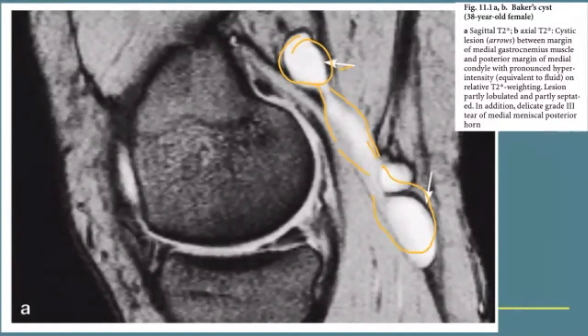The lesion is partly lobulated and partly septated in addition. The whole of this is the Baker's cyst. Lobulated Baker's cyst. Right, this is the appearance of Baker's cyst in MRI.